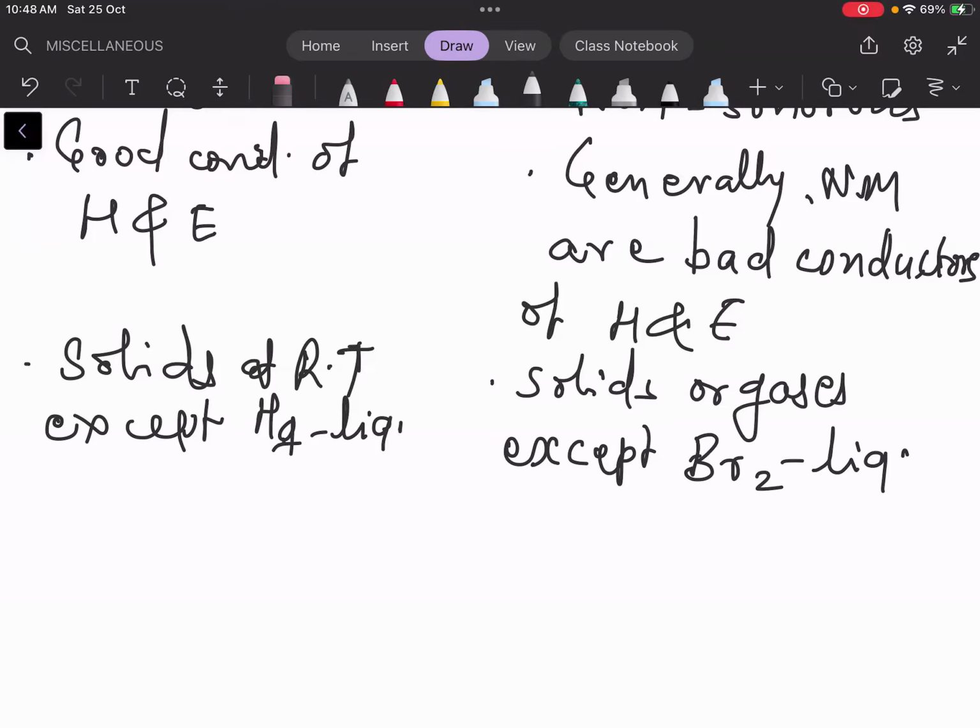Generally, metals undergo oxidation, that is, reaction with oxygen. We can say reactions of metals.